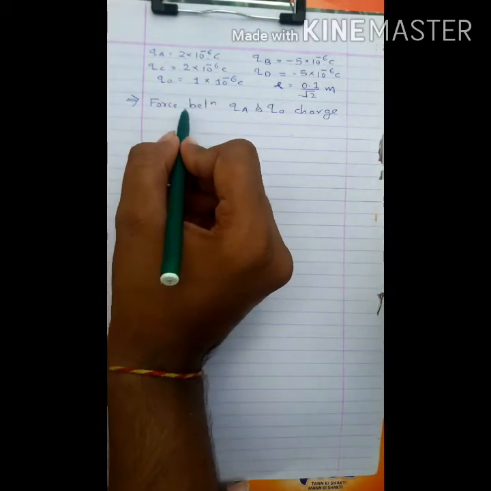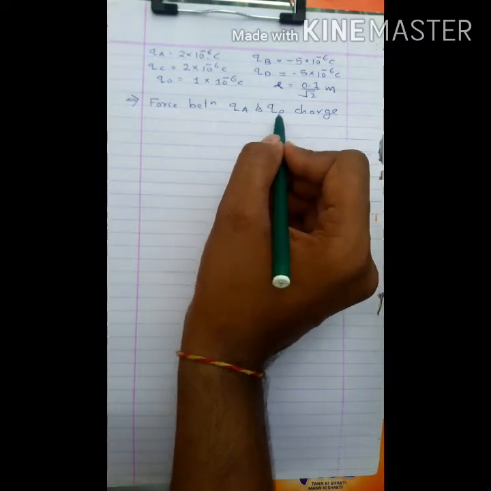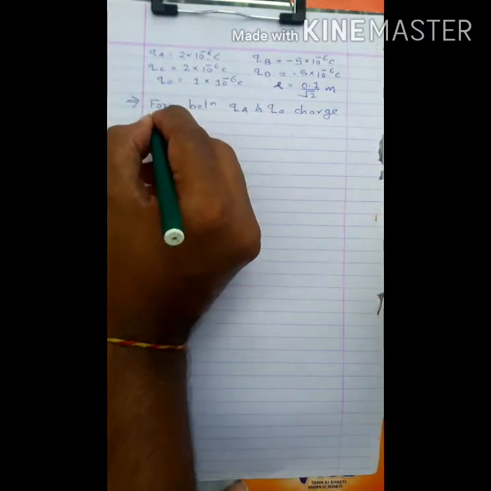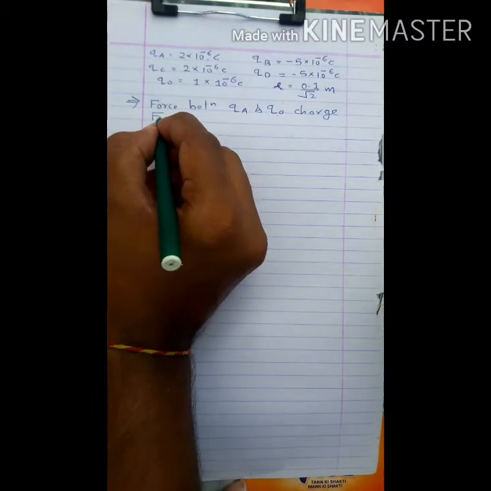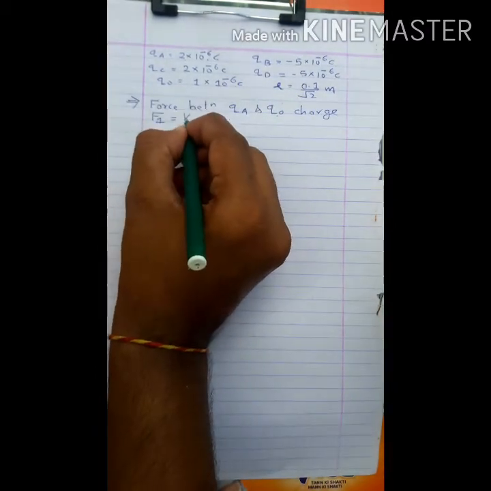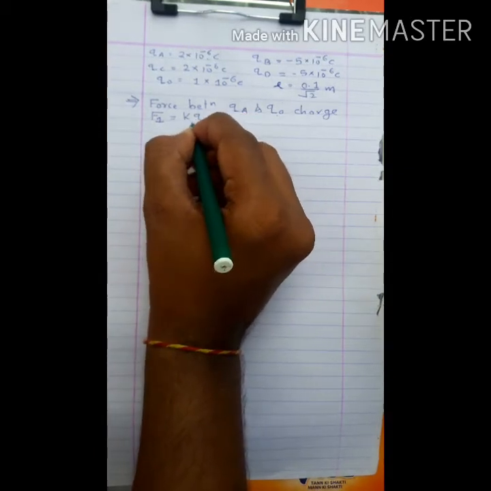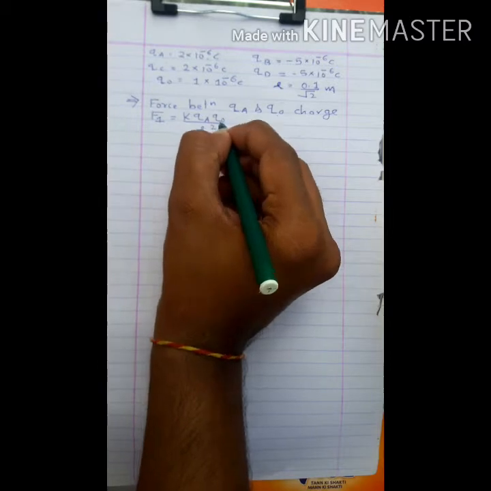So first of all we consider the force between the first charge and the middle charge, QA and Q0. According to Coulomb's law, this is our first force, so we use the symbol F1. F1 is equal to K QA Q0 divided by the distance r square.